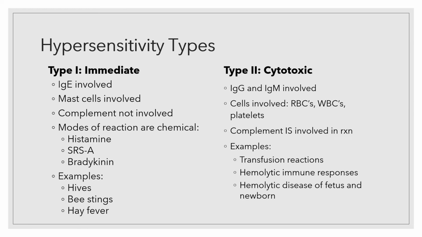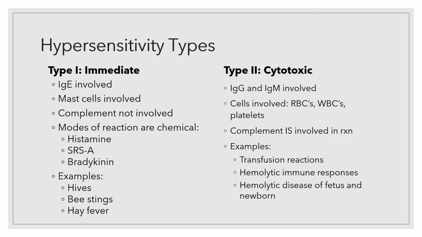Let's take a look at the similarities and differences of the 4 hypersensitivity types. Type 1 or class 1 is called an immediate hypersensitivity reaction. This is a reaction that may take 15 minutes to 12 hours for hypersensitivity to occur. This is also known as an anaphylactic type reaction. It is IgE that is produced in response to an allergen.